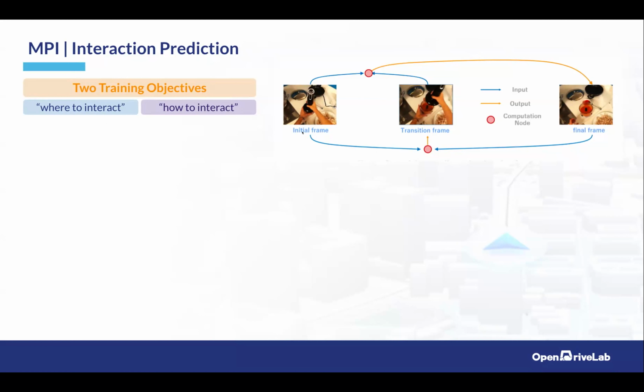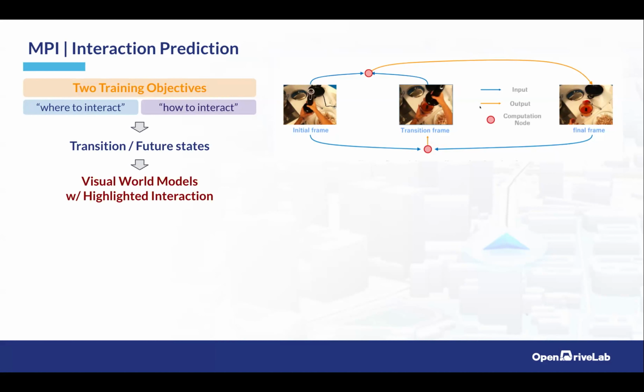For one, we predict the transition frame given the initial frame and the final frame. For the other, we predict the final frame based on the initial frame and the transition frames. These two conditions also help the generalization of the world model. Where to interact corresponds to detecting the objects we are interacting with. The transition and the future states make our visual models highlight interactions.